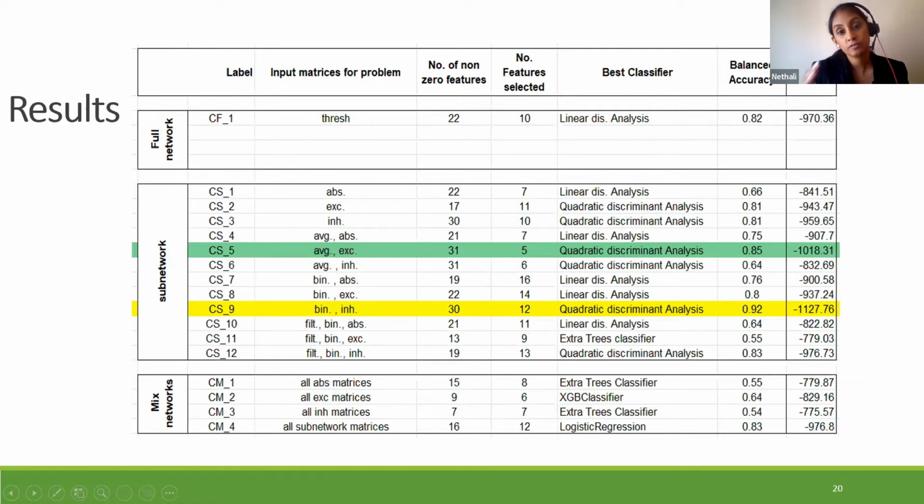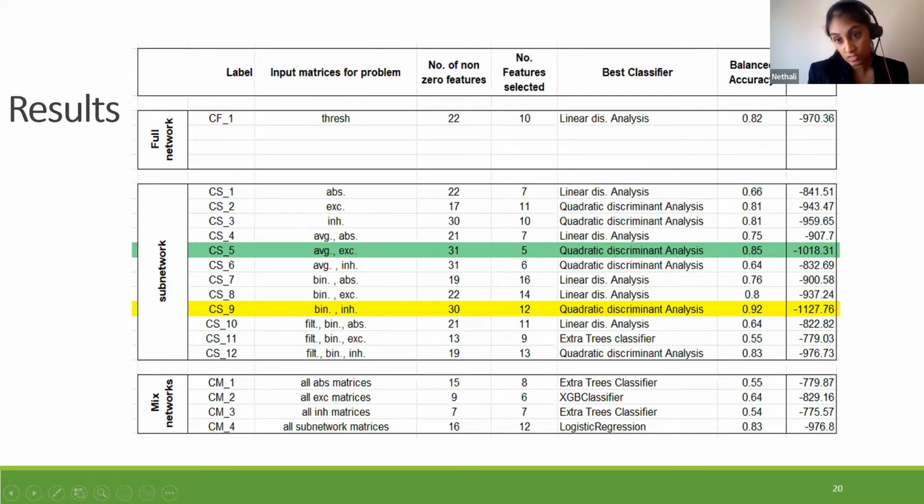After going through this feature sorting and using lazy predict, we ended up with 5 features. This gives us a balanced accuracy of 0.85 and an AIC of -1018.